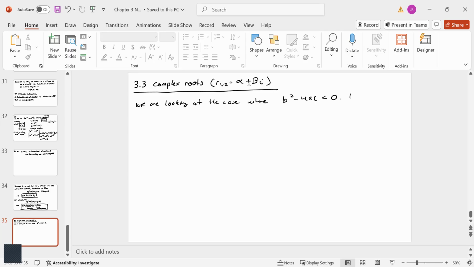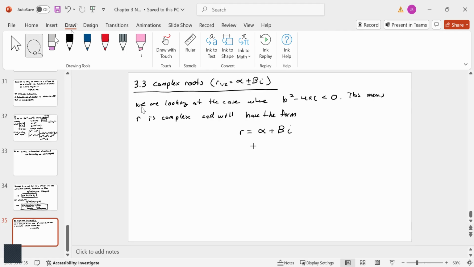So this means r is complex and will have the form r equals, so we use alpha, you can use a, doesn't matter, alpha plus beta i. Okay, so that's a complex number. Some people use the letter z for complex. So this is our traditional complex number.